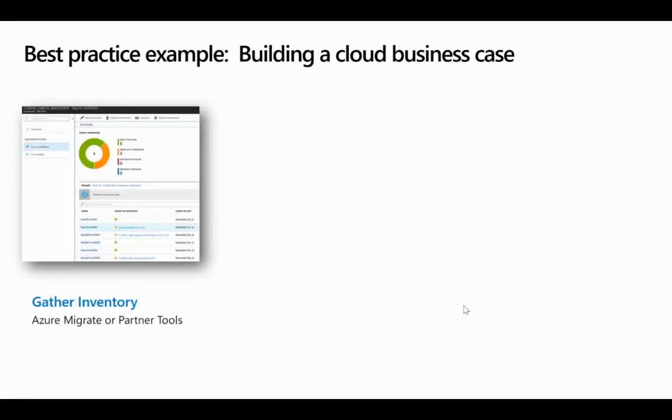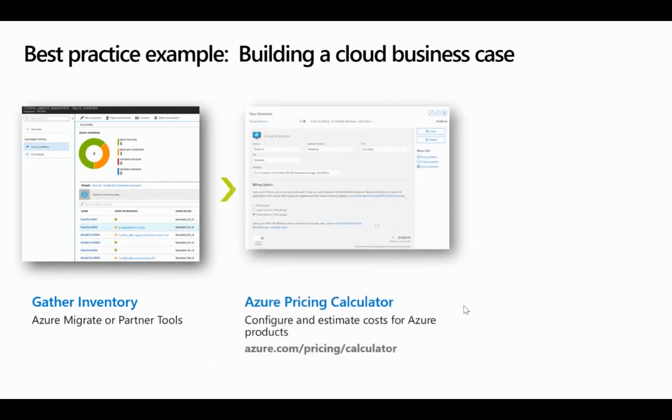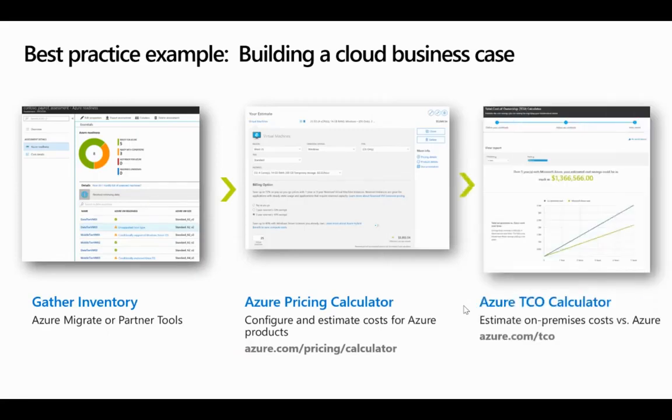The best practice example, what I'm talking about, is nothing but building a case study, engaging the customer community with the right approach, gathering the inventory, assessing the inventory over the pricing calculator, and putting it up in a nutshell by doing some math with the total cost of ownership calculator.